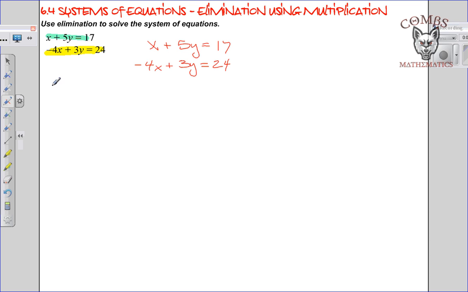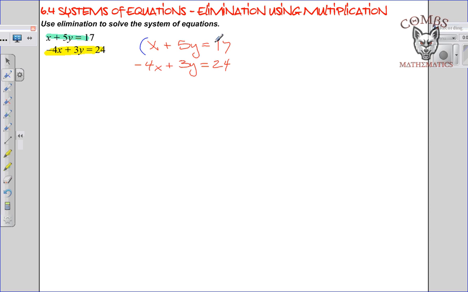Since we have that situation, I'm going to go ahead and show you what you need to do in order to eliminate the x variable terms from both equations. So in order to eliminate or cancel out the x variable terms, we need the opposite of a negative 4x, which is positive 4x.